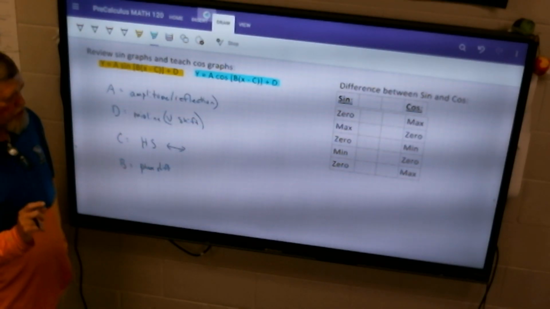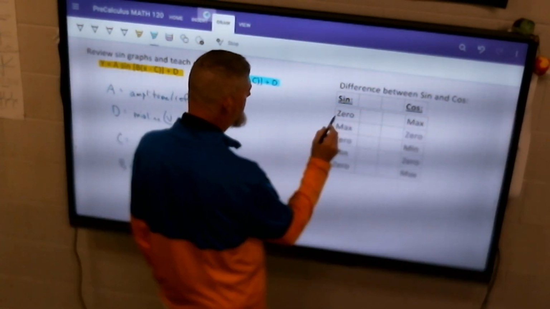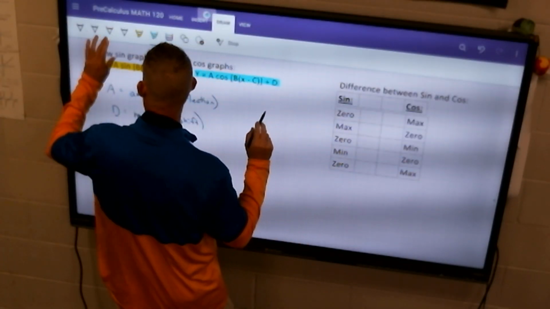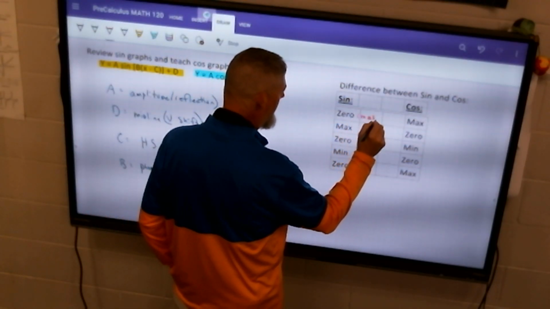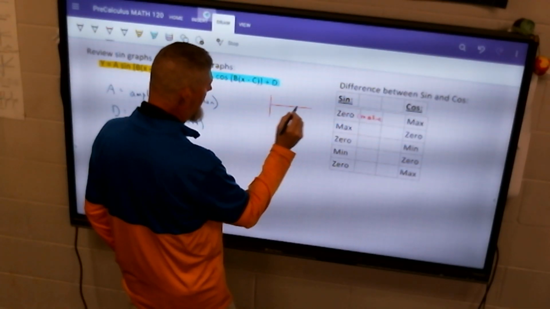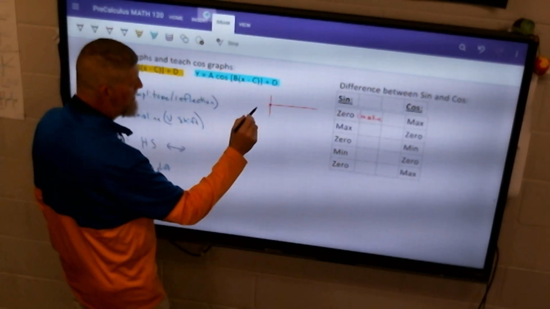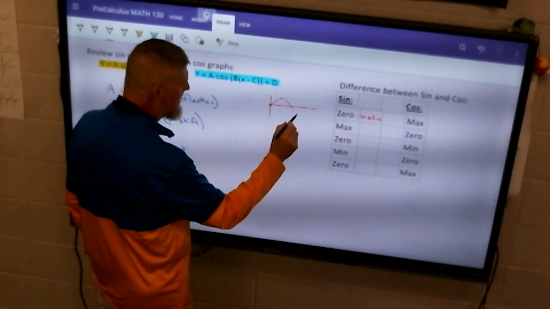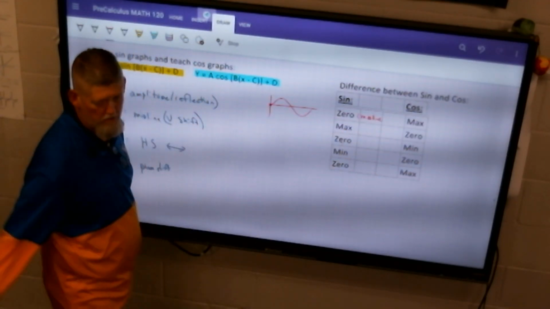We'll do the cosine parent function in just a minute. But if you think about the sine, we always started at the midline, right? We call it 0, but it also just simply means the midline. So when we graphed my sine curve, I always started here. And then I went to the max, back to the 0, down to the min, and back to 0. So 0, max, 0, min, 0.